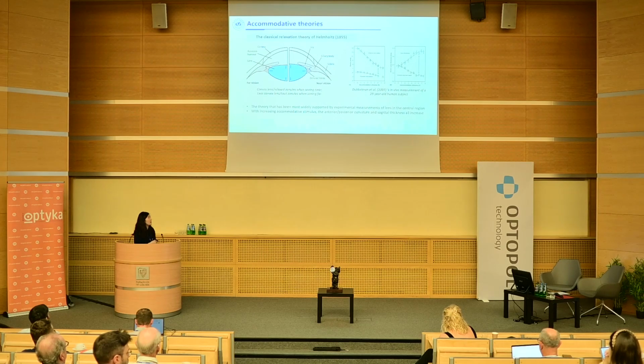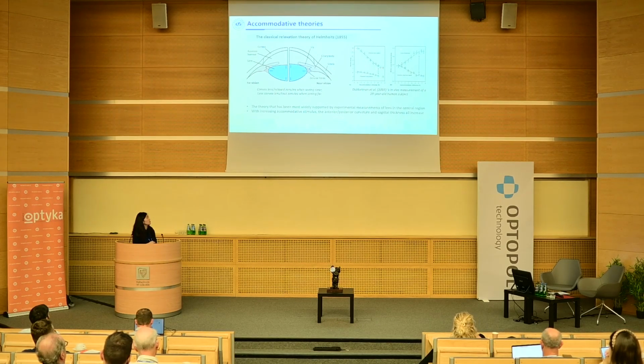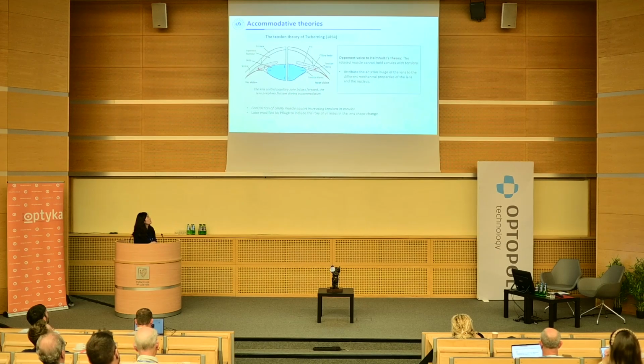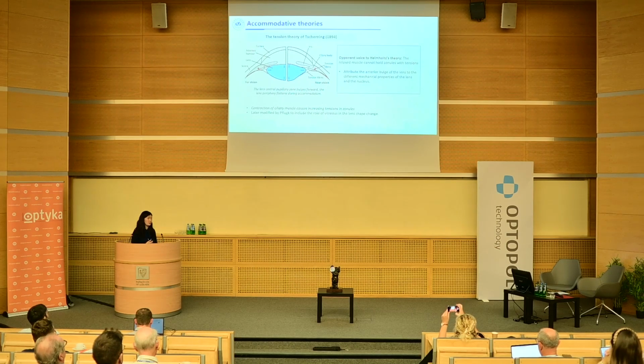They found that with increasing accommodative stimuli, the anterior and posterior radii of curvature decrease, and the thickness increases. However, Helmholtz's theory was opposed by some researchers because, from a logical way of thinking, a relaxed muscle cannot hold a zonule with tension, and that's what physiologically one would think.